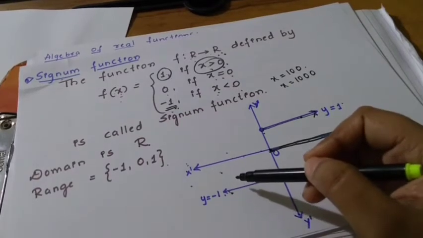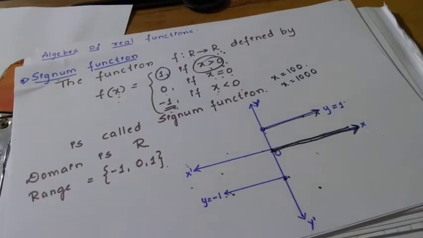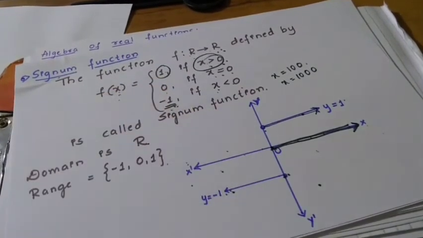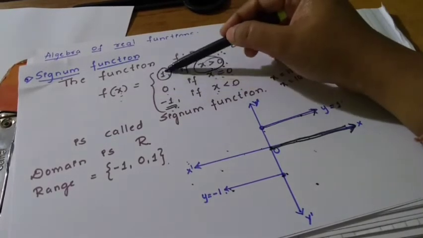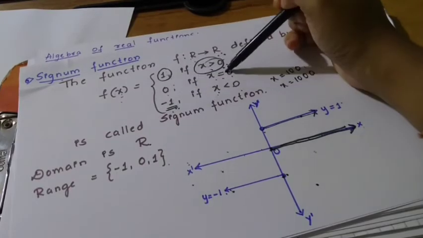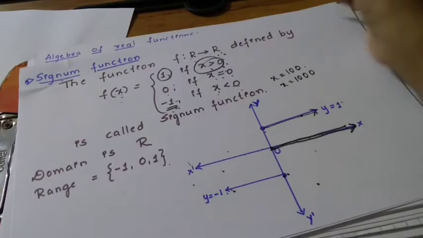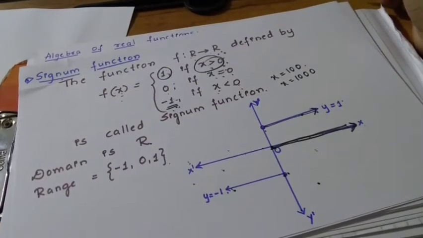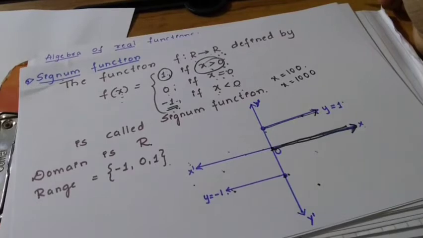This is the Signum function. So remember properly what you have to write when the Signum function is asked: f is defined from R to R given by f of x is equal to 1 when x value is greater than 0, 0 when x is equal to 0, minus 1 when x values are less than 0. Domain is real numbers. Range is minus 1, 0, plus 1.